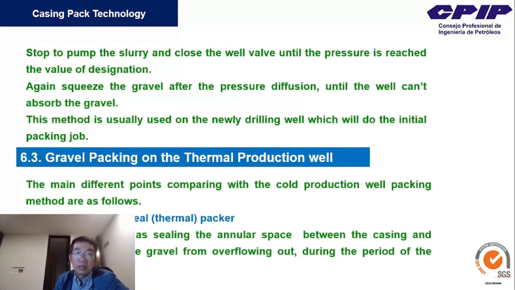Stop pumping the slurry and close the well valve until the pressure has reached the designed value. Again, squeeze the gravel after the pressure diffusion until the well can't absorb the gravel. This method is usually used on the newly drilled well, which will do the initial packing job.